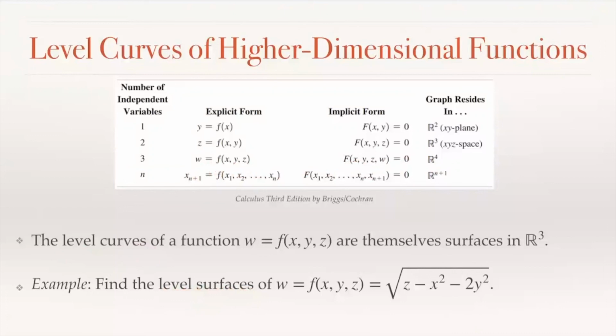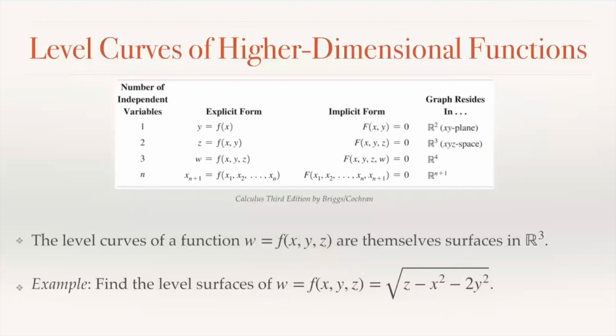So let's do an example. Find the level surfaces of W equals square root of z minus x squared minus 2y squared. So we do this in the same way. For level curves, we set z equals z naught and found what those traces essentially look like for different constant values of z naught.